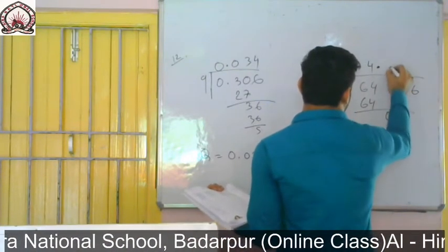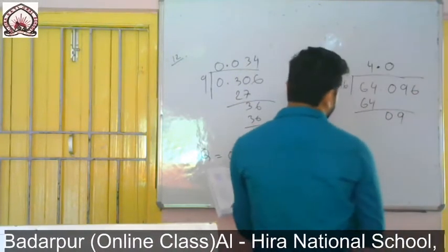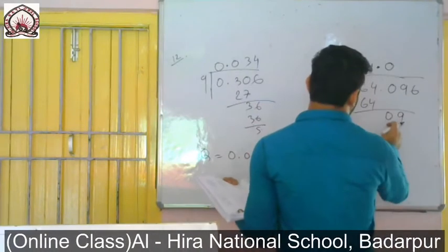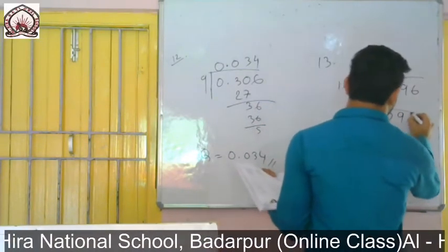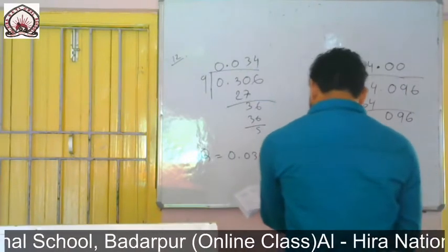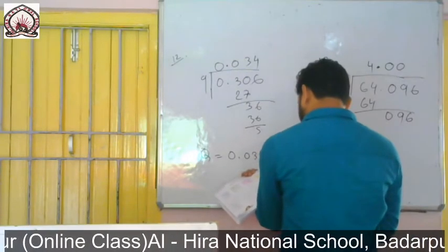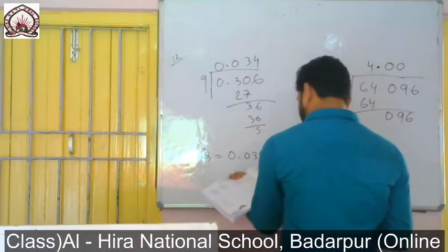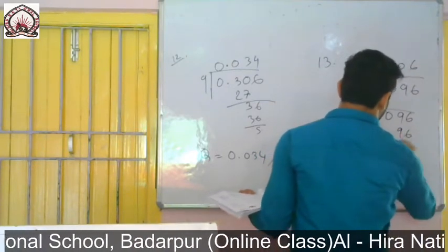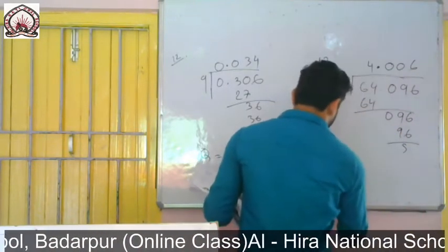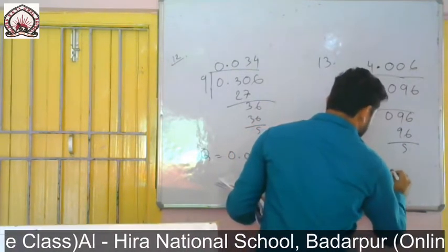So we'll put 10 because both are not divisible. 0 is not divisible, so we'll put 0. 9 is not, so we'll put another 0. Now we'll take 6. Now we can divide. 6 16s are 96. Quotient equals 4.00006.